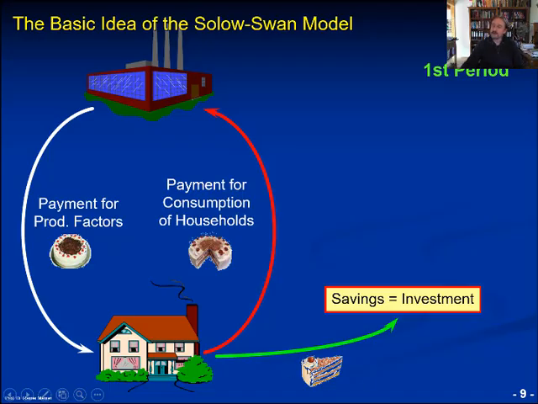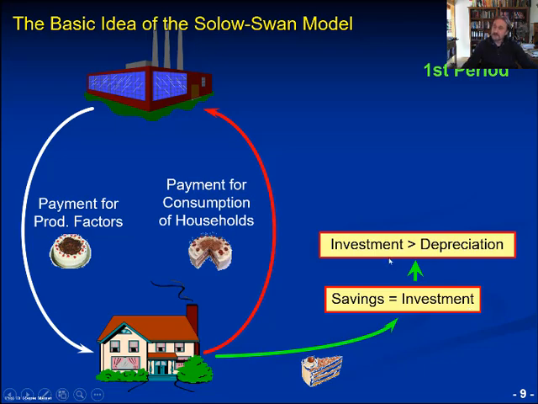Households offer their savings, here represented by this piece of cake, to the capital market. The interest rate takes care that savings equal investment demand, that is, savings supply by households equals investment demand by companies.